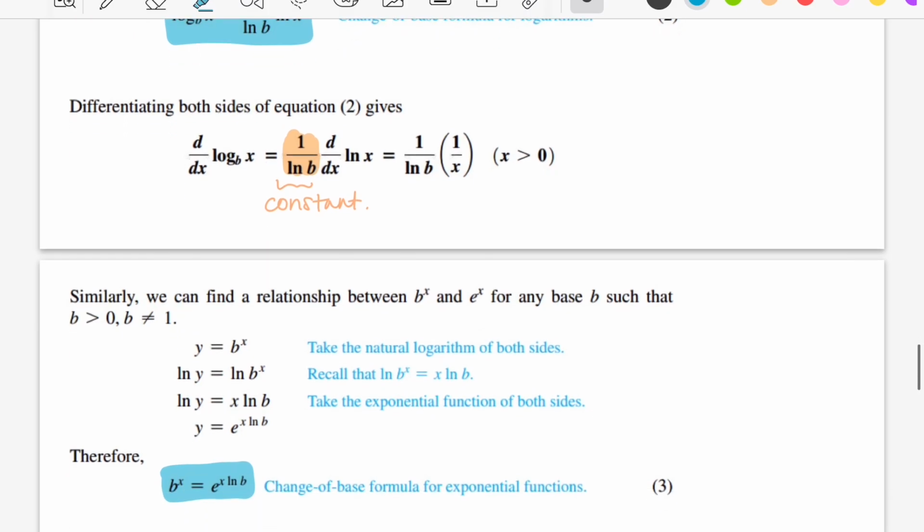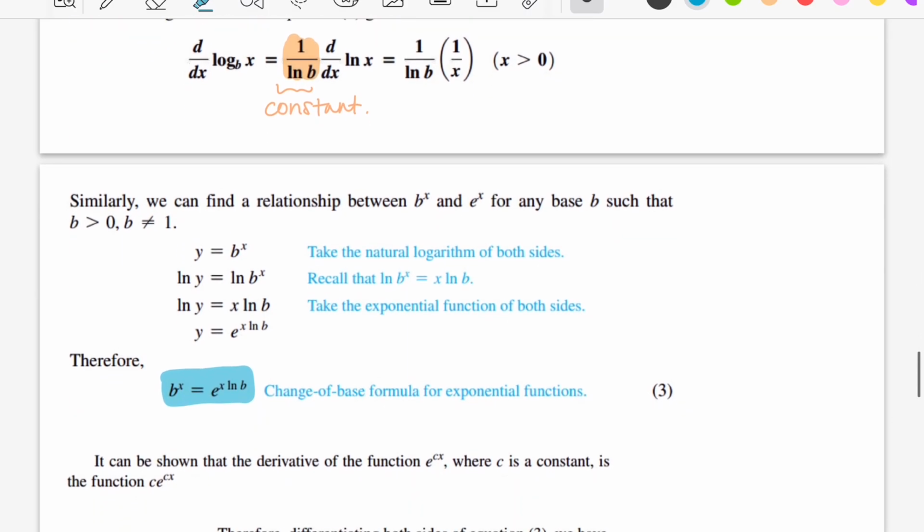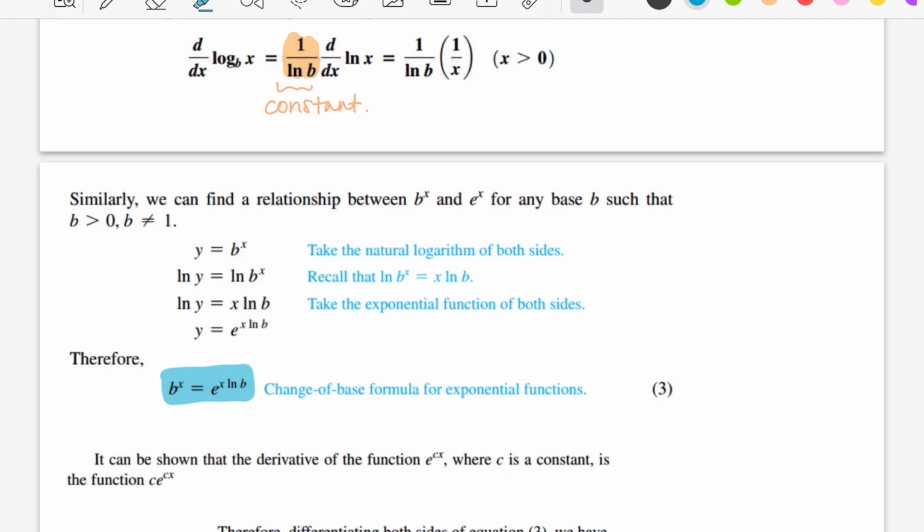All right. Now, something to note here, it can be shown that the derivative of the function e to the c times x, where c is just some constant, is equal to this here, and we'll go into more depth on this in section 3.4, but for now we're just going to take that as a fact.